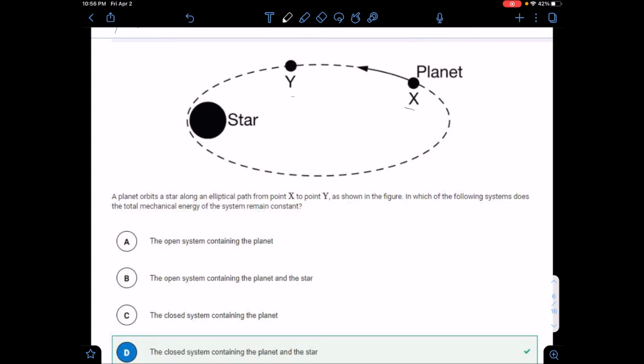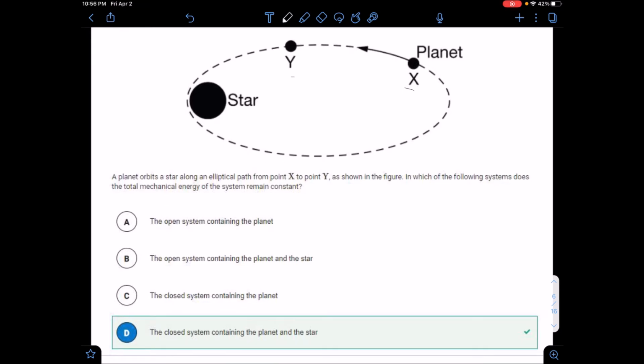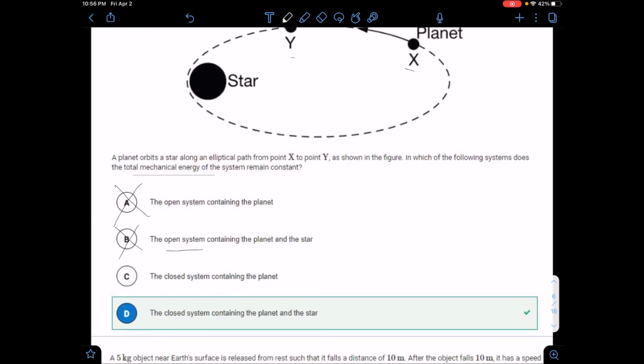So, let's see. Answer choice A says, the open system containing the planet. Well, if we were to just contain the planet, and it was an open system, mechanical energy does not remain constant. So we can automatically rule out A and B since it's an open system.